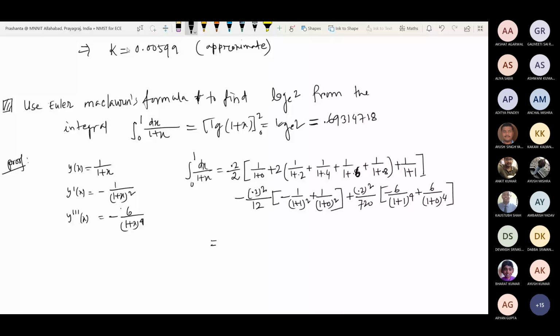So what is the value of the integration? Did you solve it? Anybody? If not, then I have to solve it, or otherwise I'll leave it with this. You complete it.